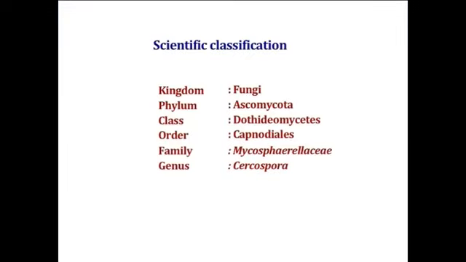Now, let us see about the scientific classification of this pathogen. Kingdom is Fungi, phylum Ascomycota, class Dothideomycetes, order Capnodiales, family Mycosphaerellaceae, genus Cercospora. This is all about the scientific classification of this pathogen.